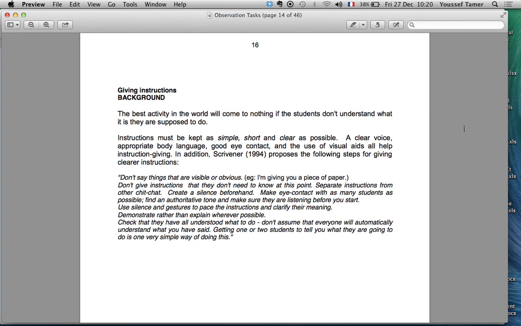Make eye contact with as many students as possible. Okay, don't be afraid to do that. Usually teachers who are at the beginning are afraid to do it. This is true for public speaking in general. Usually people are afraid of making eye contact, especially before starting your presentation or your teaching. Don't be afraid of being asked questions.